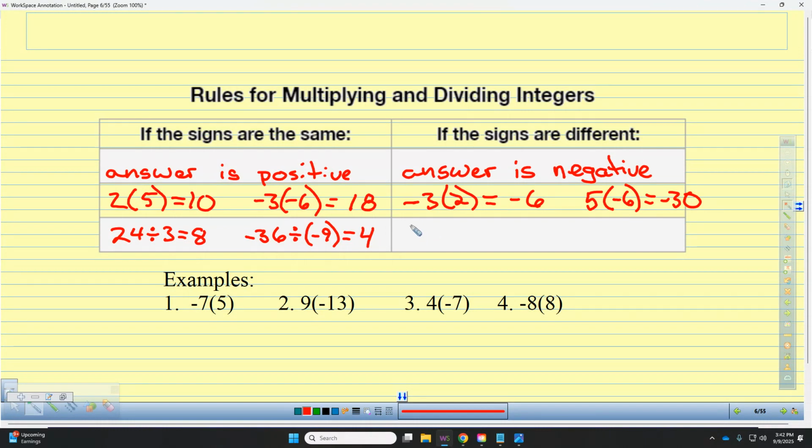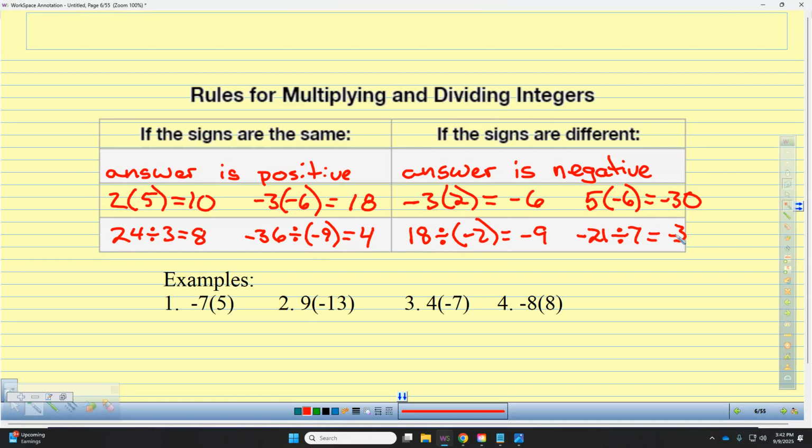Works the same with division. If I do 18 divided by negative 2, my answer is negative 9. Or if I have negative 21 divided by 7, my answer is negative 3.